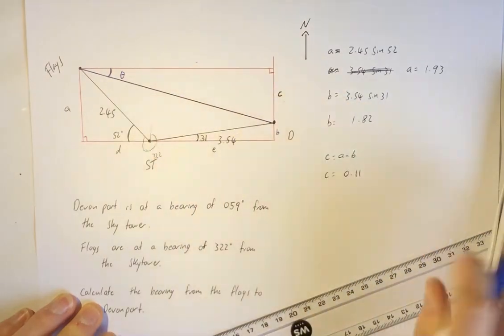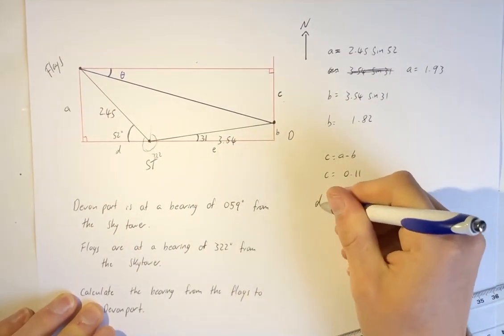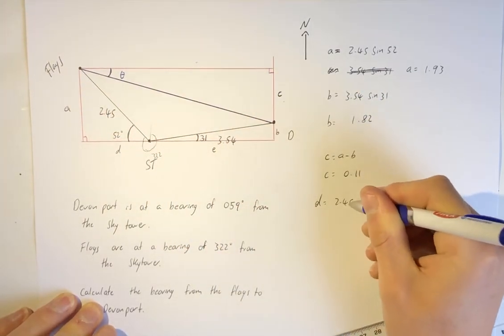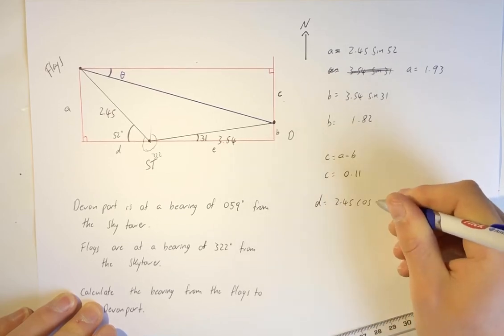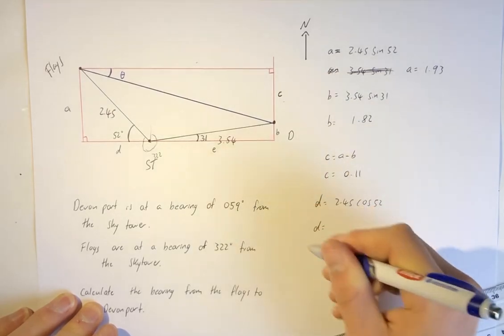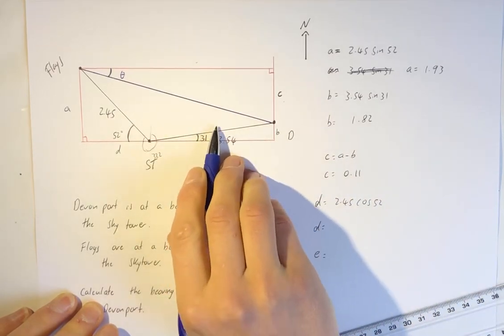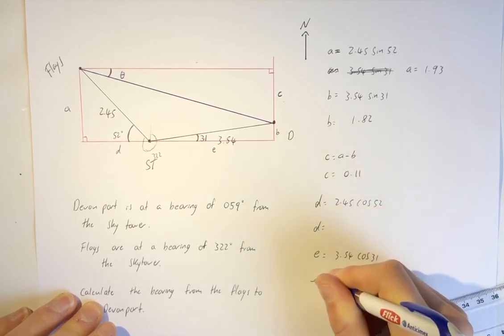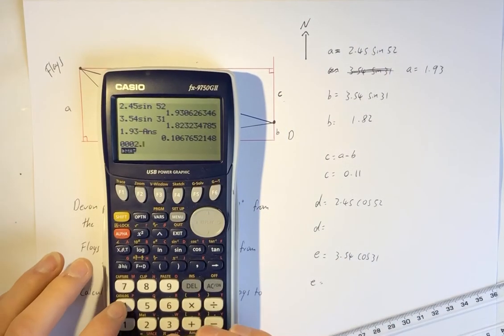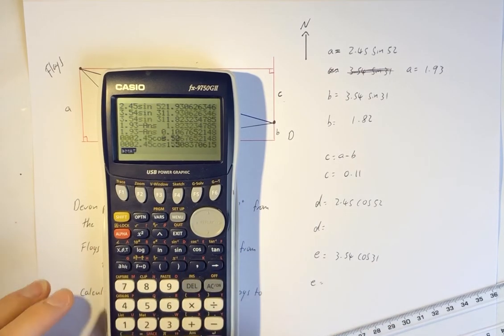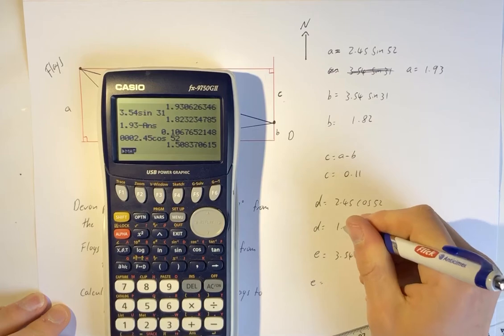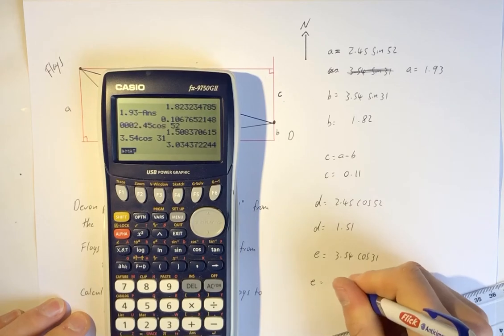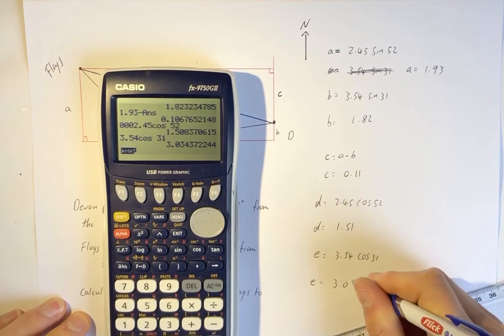And now I just need these two lengths. Let's find D. This length here is A over H, so it's 2.45 cosine 52, because we're using adjacent over hypotenuse. And E is A over H as well, so that's 3.54, the hypotenuse, times cosine of the angle. 2.45 cosine 52 is 1.51, and 3.54 cosine 31 is 3.03.